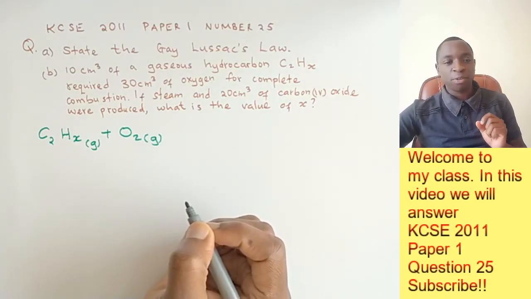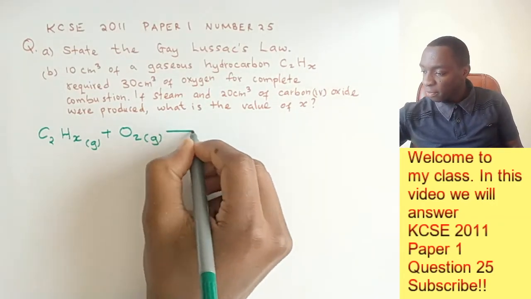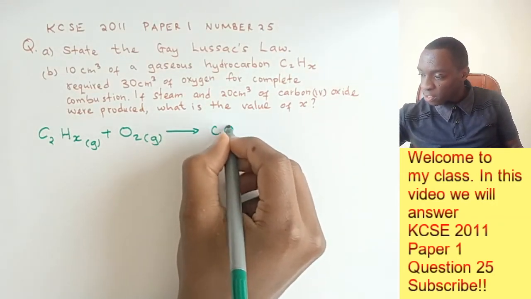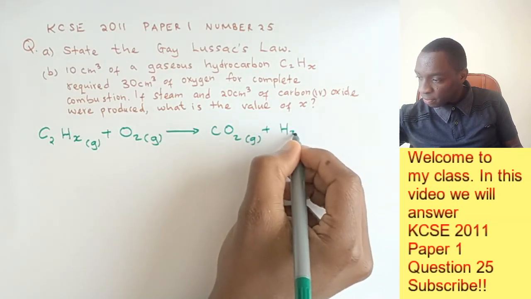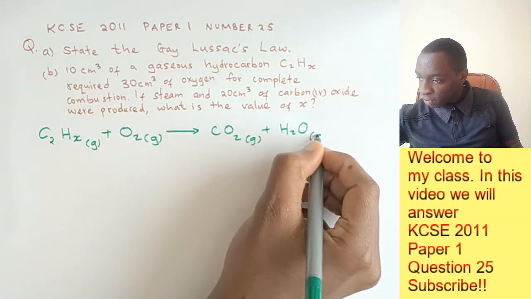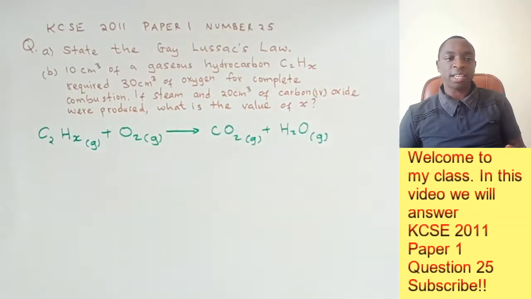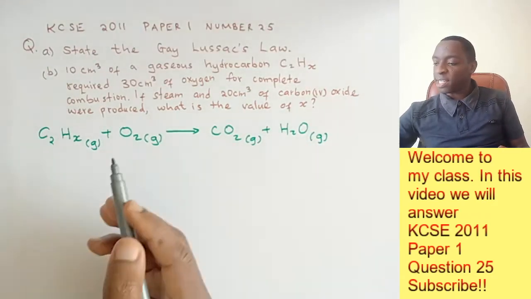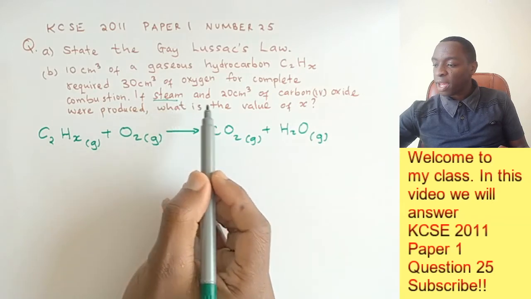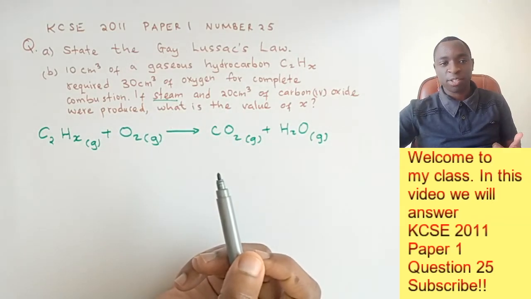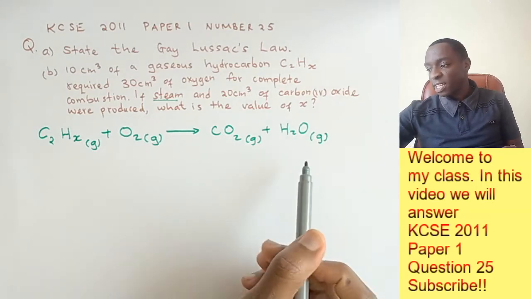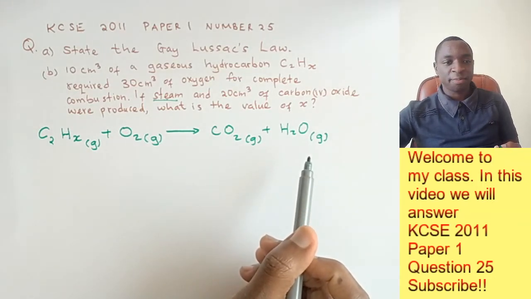So the products for this reaction are carbon dioxide and water. Now the water is in gaseous state because you can see we have said here that steam and 20 cubic centimeters of carbon dioxide were produced. So that means we maintain the water as gaseous state.